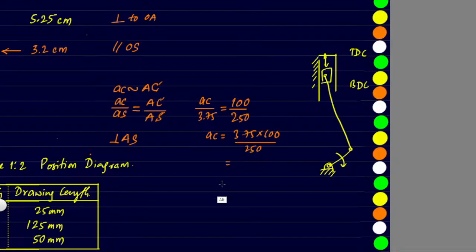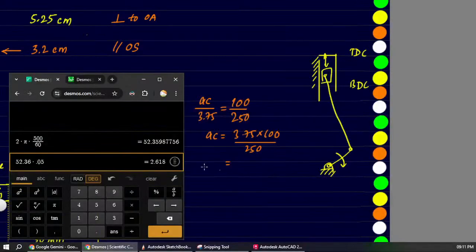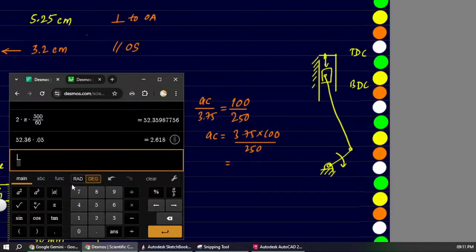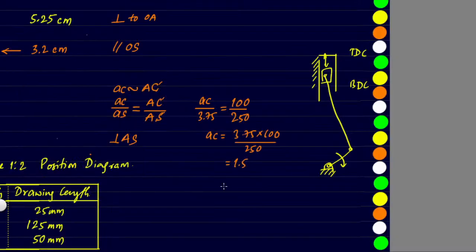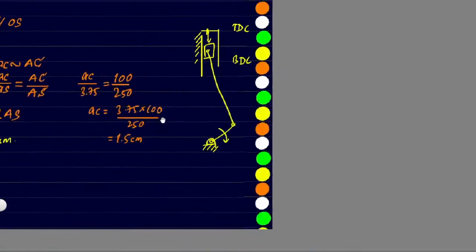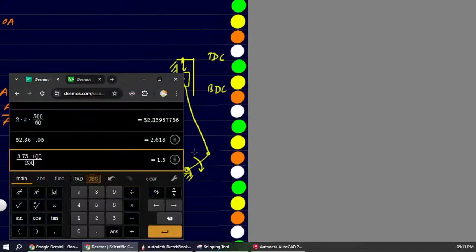Let's find that quickly using our calculator. 3.75 into 100 divided by 250, that we are getting as 1.5. So 1.5 centimeters is the length ac. So let's come back to our sheet.